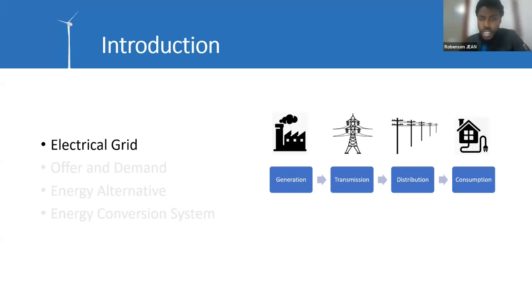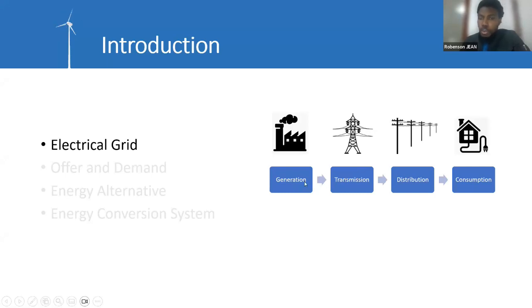An electrical grid has globally this structure. We have the generation at one end, and at the other end, we have the consumption. And in between, we have the transmission and the distribution. Sometimes the transmission is over long distances. Why?